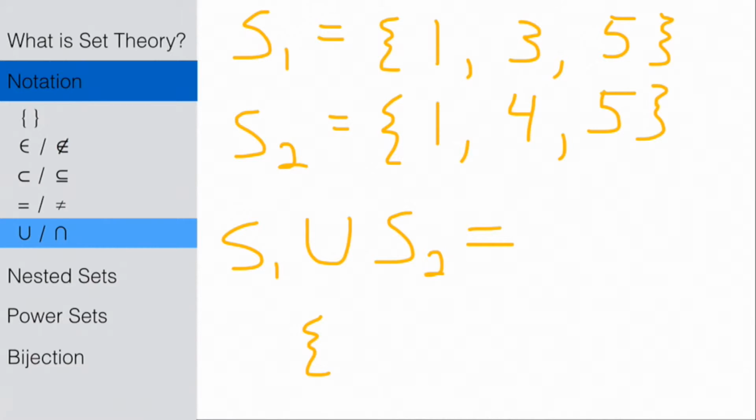And of course, we're going to eliminate duplicates though. So 1 exists in either set, 3 exists in either set, 4, and 5.